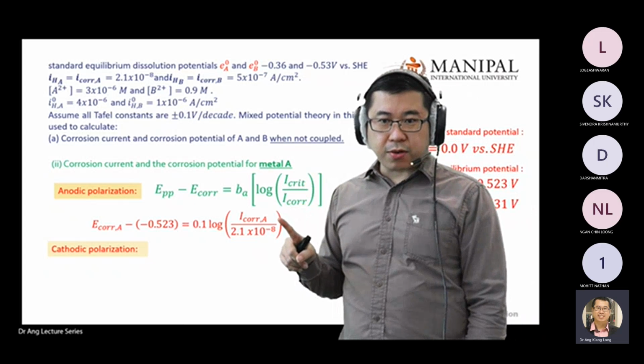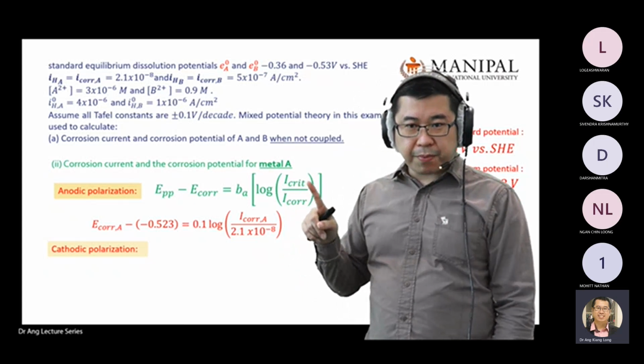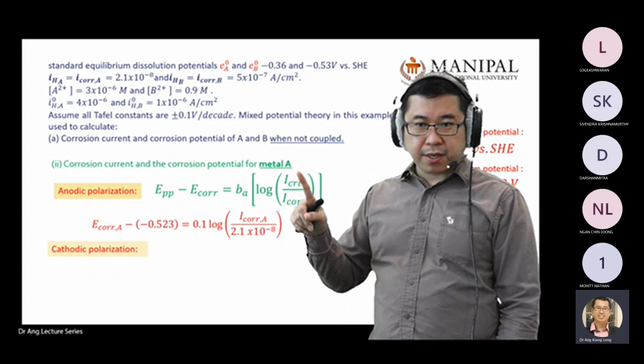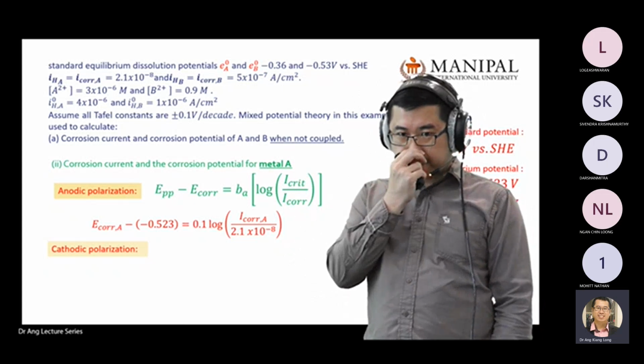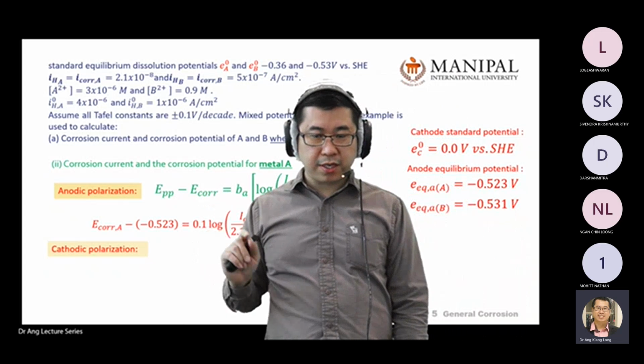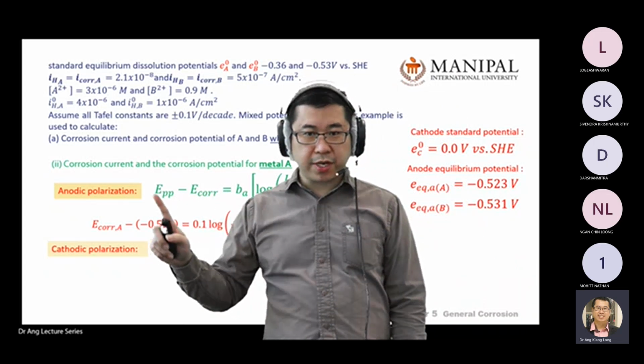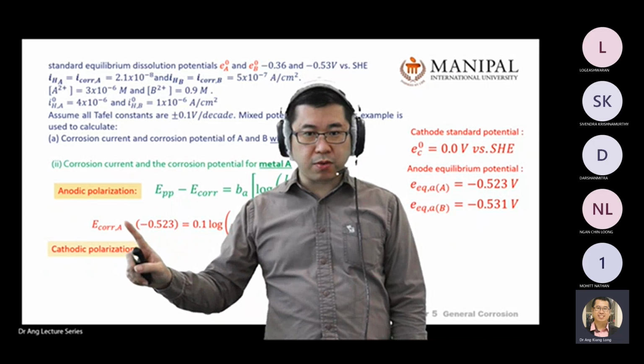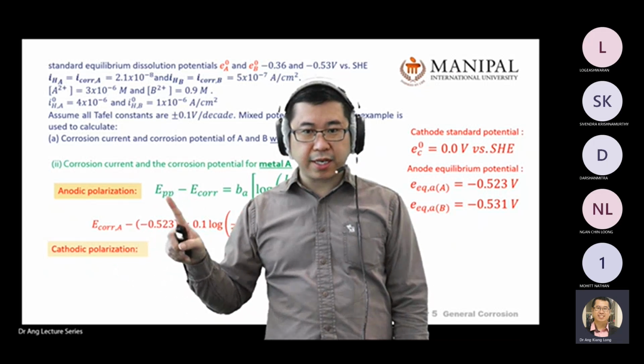You can see here corrosion A, because in the previous equation this one is divided by this one, right? And then we want to find the corrosion, right? So we just rearrange the equation, become E corrosion in the front, and then this one you change sign.